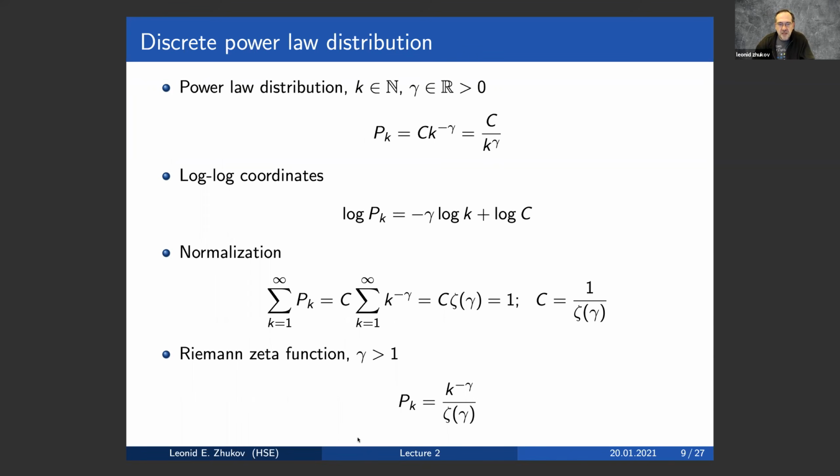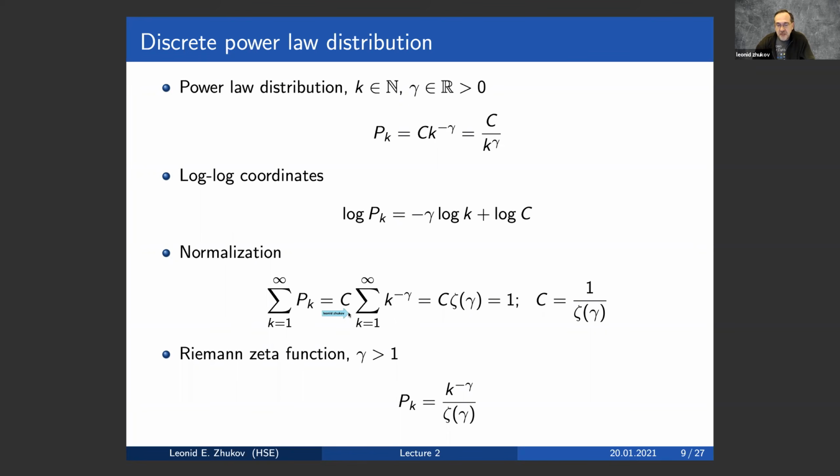And if I take the logarithm, it's going to be log p(k) equals minus gamma log k plus log of this constant. In order for p(k) to be a distribution, we need to normalize it. Normalization means that the sum of p(k)'s, or probabilities of nodes to be of a certain degree, has to be equal to 1.